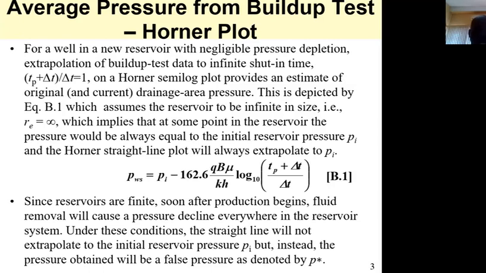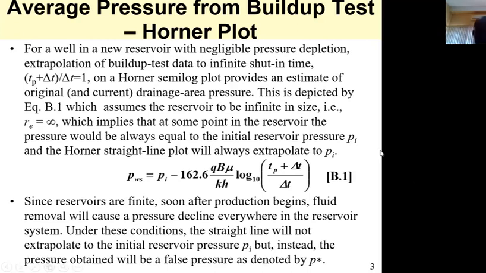In this case, if that producing well is shut in for an infinite shut-in time, the straight line Horner plot of the pressure buildup data will eventually extrapolate to the initial reservoir pressure. And I think that is quite easy to conceptualize.